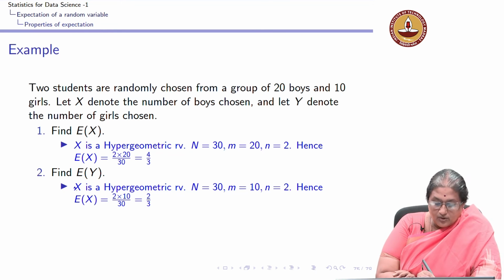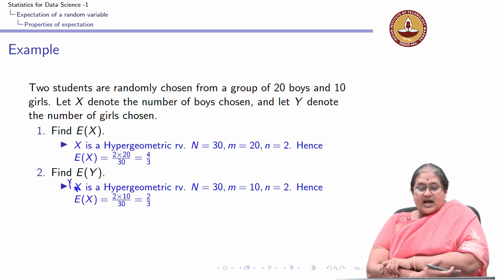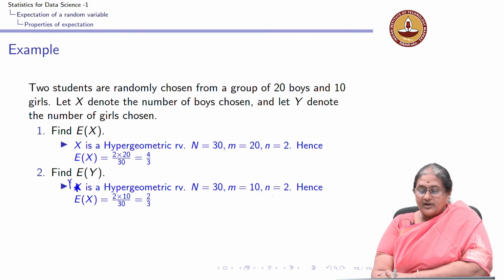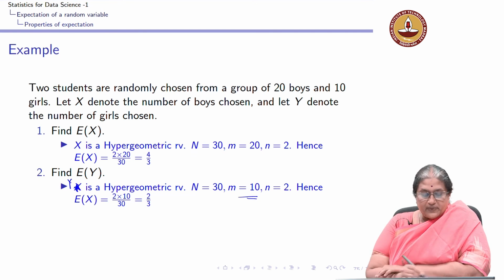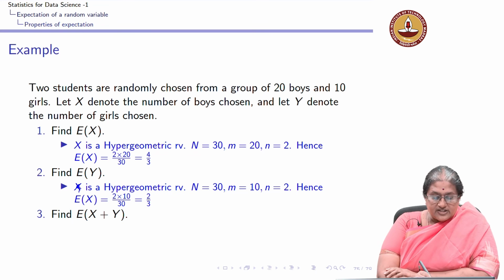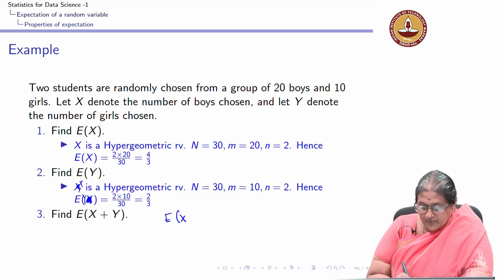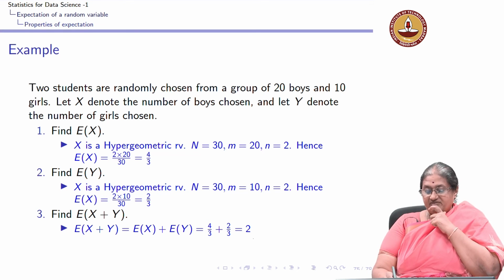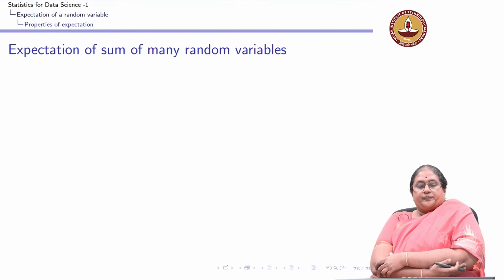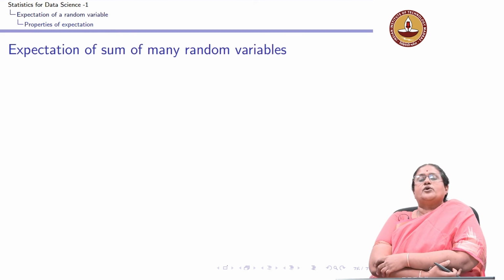Again, by seeing that y is a hypergeometric variable with M equal to 10 and n equal to 2. Now, what is the expected value of x plus y? I can check that the expected value of x plus y is expectation of x plus expectation of y, which is 4 by 3 plus 2 by 3, which is equal to 2. So I get expectation of x plus y is equal to 2. I can extend this property.